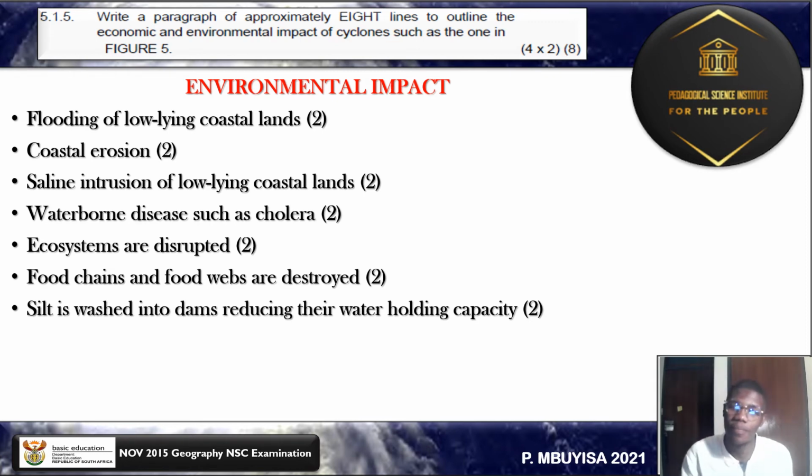Let's say next to the ocean on that island, we had a lot of birds that depended on fish in that particular section of the sea. Now, these birds won't be able to get access to the fish anymore. Why? Because a tropical cyclone may affect ships.